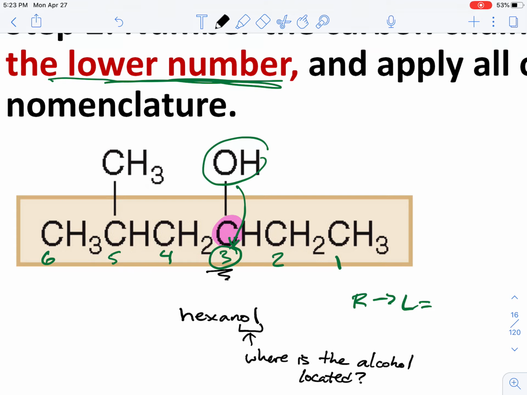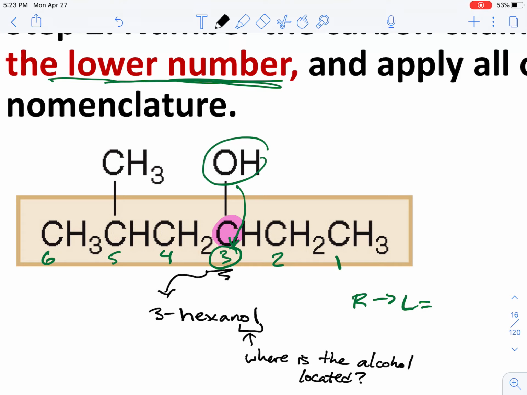And so therefore, we're going to place that 3 in front of hex. And I'm putting a dash between them because if you recall from our last chapter, if you go from number to letter, you have to put a dash. It's part of the grammar for naming these organic compounds.